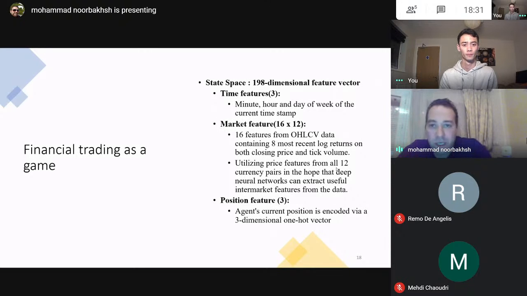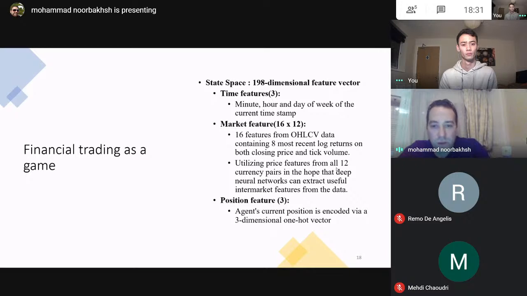Another is market features, which is very obvious, because for any forecasting model, we have to include the previous values. So it uses the open, high, low, close, and volume of the data for the 8 most recent log returns.